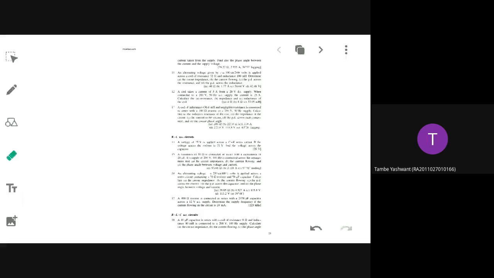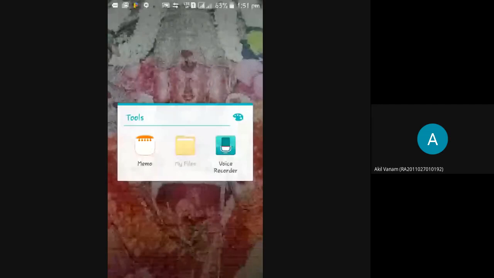Do you want me to show the syllabus again? Are all having the syllabus copy or not? Ma'am, will you post it in GC? I have shown you the syllabus and I have shared it in WhatsApp also.